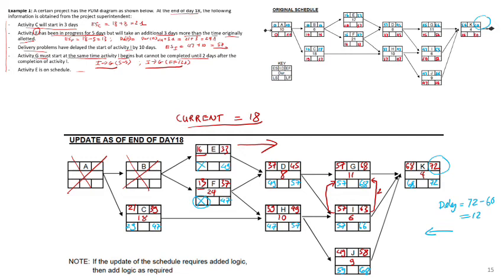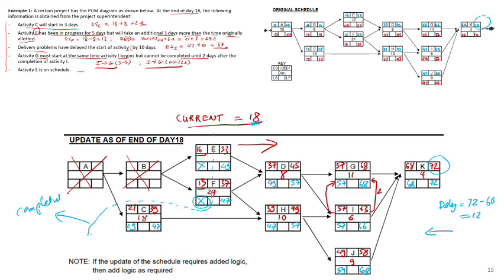So you can separate the network into two different parts like this. So this is the completed work, because your current day is 18. So A, B is already completed. E is already started. F is already started.